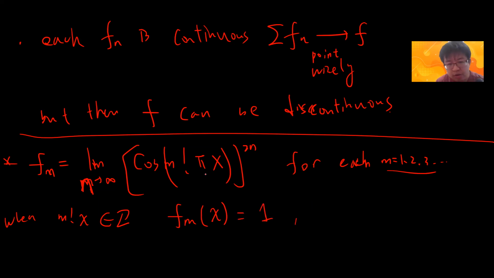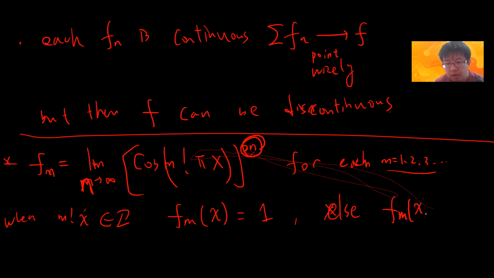But for other x, it becomes 0, because your power can be arbitrarily large.